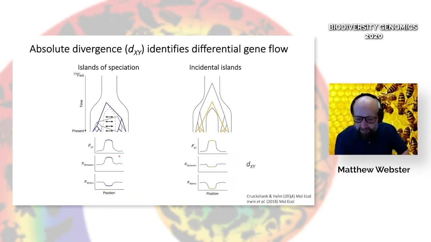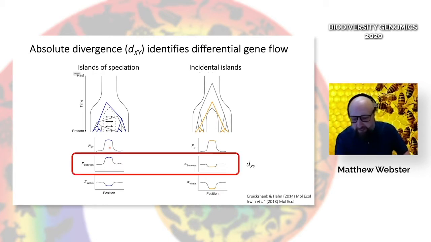If we compare these 2 models, islands of speciation formed by differential gene flow and those formed by linked selection, both are expected to result in peaks of FST when comparing genomes. But the main way to distinguish between these is by elevated DXY, which is absolute divergence, which robustly identifies differential gene flow, but not incidental islands.